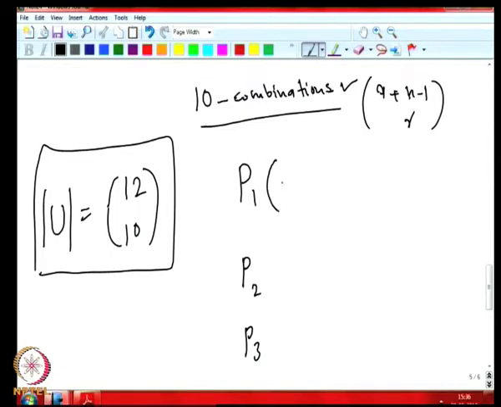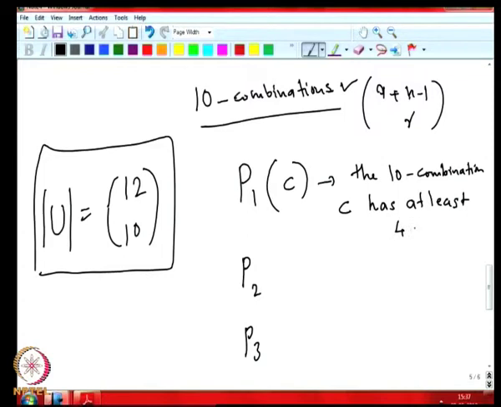That means, let us take a 10 combination C; P1 of C means that the 10 combination C has at least 4 A's, because we have only 3 A's available in the multiset given to us. 4 A's are not allowed, so we are defining an undesirable property.